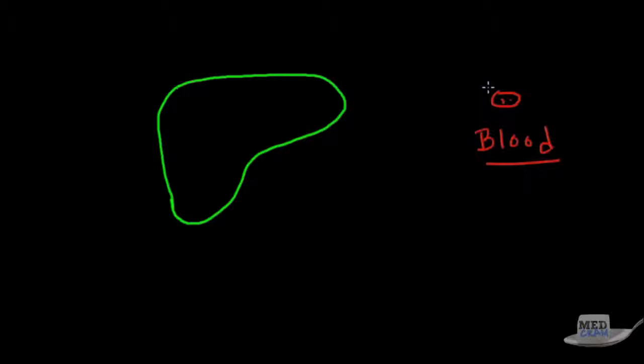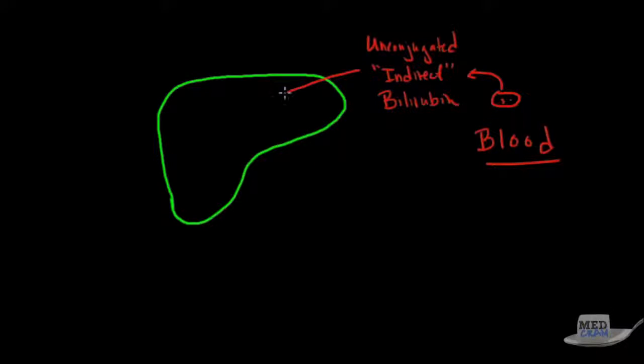And what it gives up is something we call unconjugated, or another way of saying this is indirect, that's the way it's measured, bilirubin. And that goes to the liver.